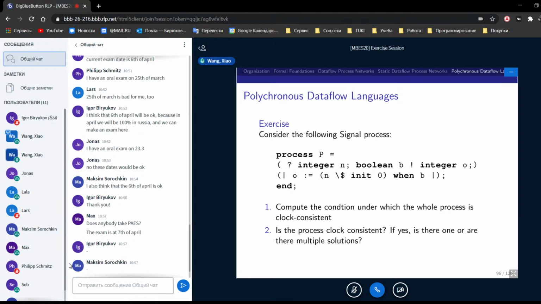Are they in the same group? I think they're two different groups, but I can ask about that. What is PAES, by the way? Sorry for asking.